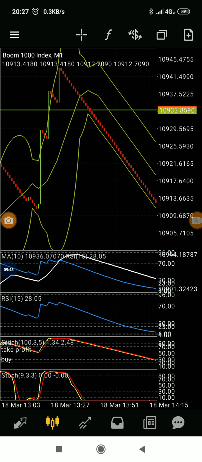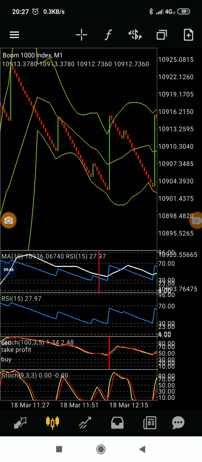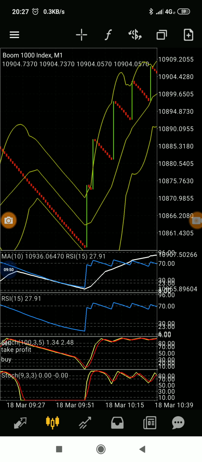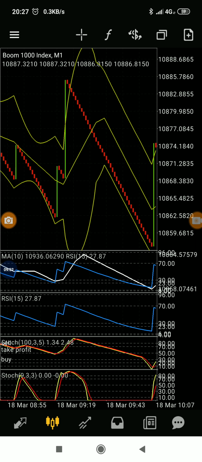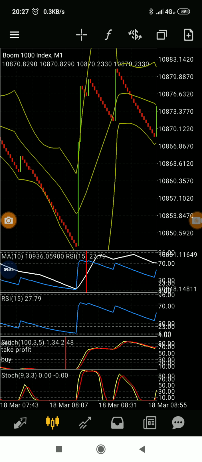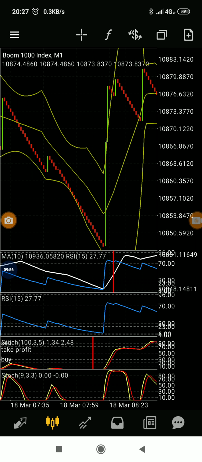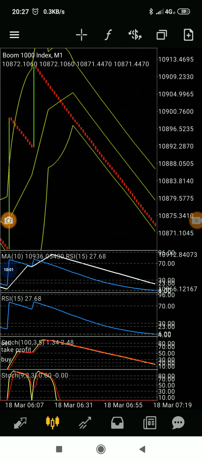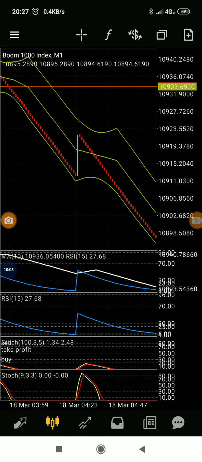Okay, first of all, how to use this indicator as a scalper. As a scalper, let the trade be on trend. Okay, let me go back to today.